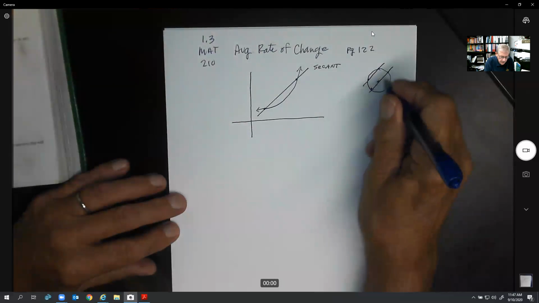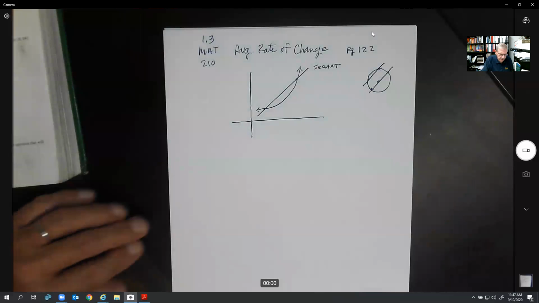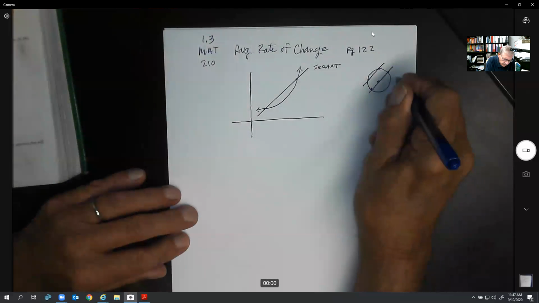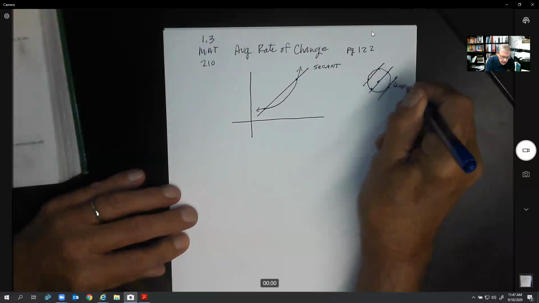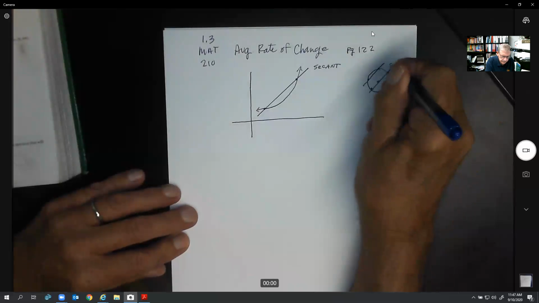And if you have a line that just barely touches the curve at one point, that's called a tangent line. So right now, this is a secant line.